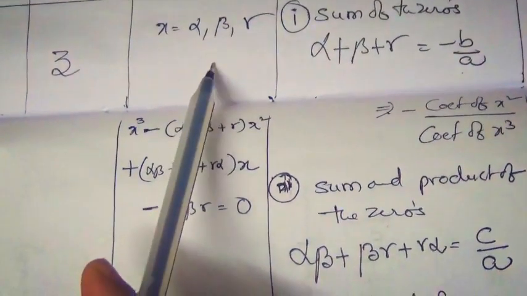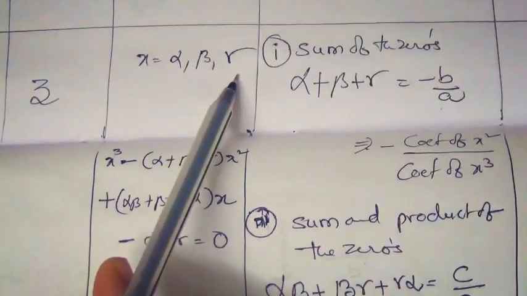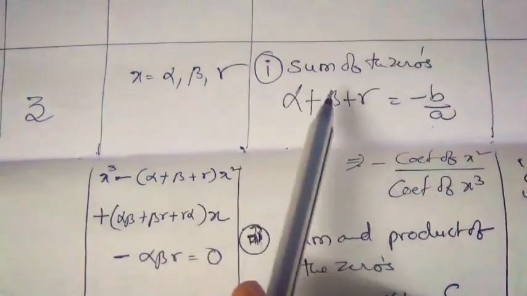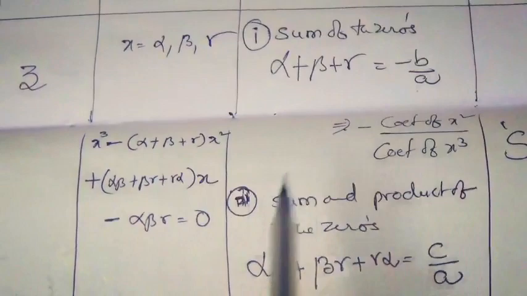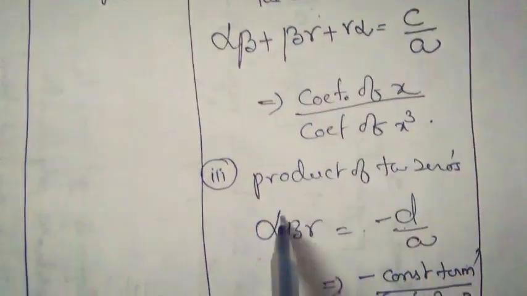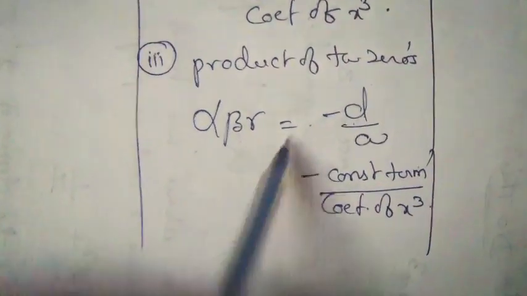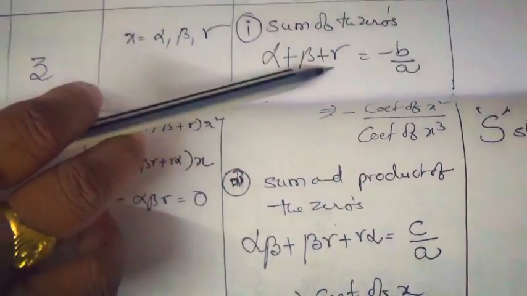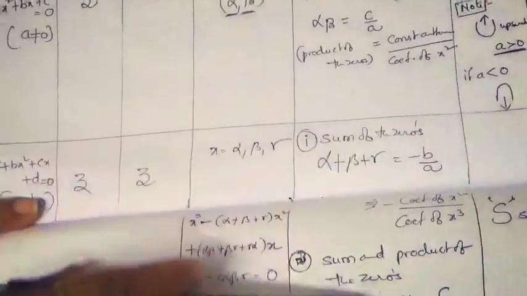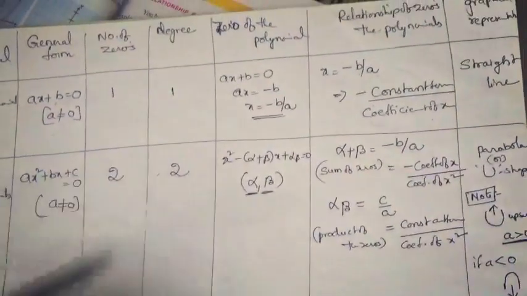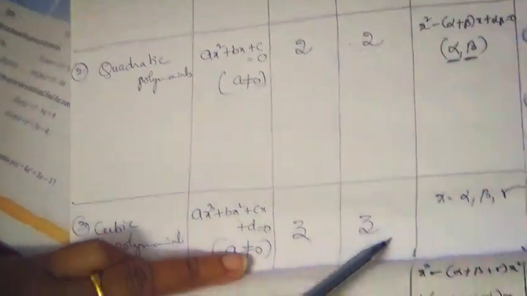And also for the cubic polynomial, we are taking the zeros as alpha, beta, gamma. The relationships of the zeros are the sum of the zeros, the sum of the products of the zeros taken two at a time, and the product of the zeros, just like this. Alpha plus beta plus gamma, just like that we wrote the relationships of the zeros for the quadratic and cubic polynomials.